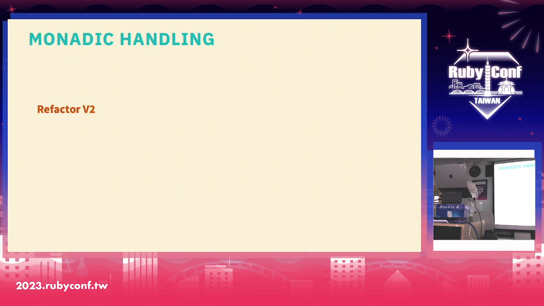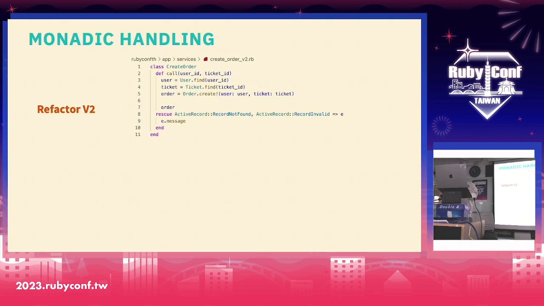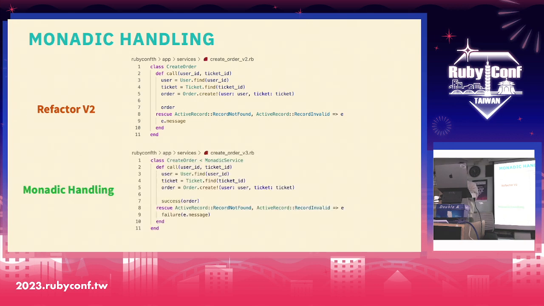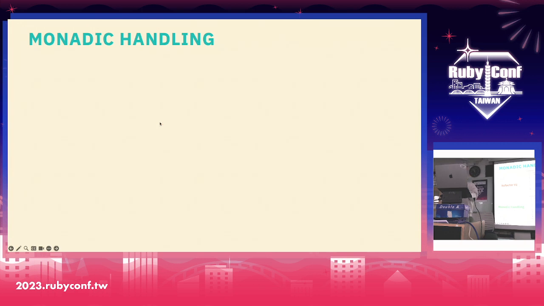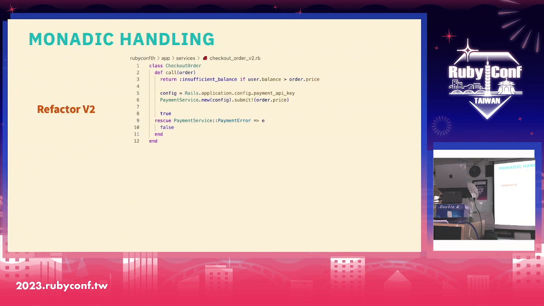Then with refactoring V2, we are now applying monadic handling, so we have to inherit the monadic service. And you can see the order and the error message here, wrapped into the set value. Same for the checkout order.